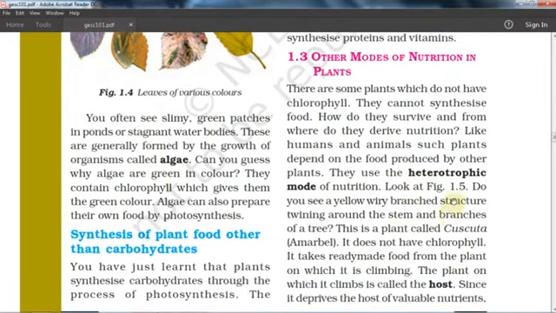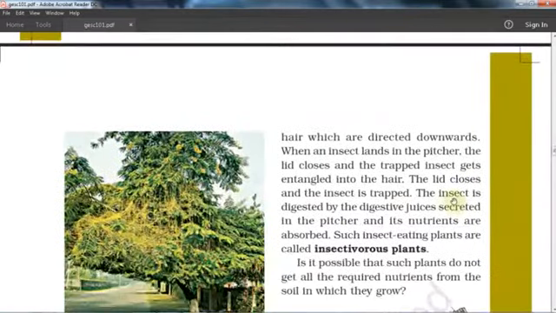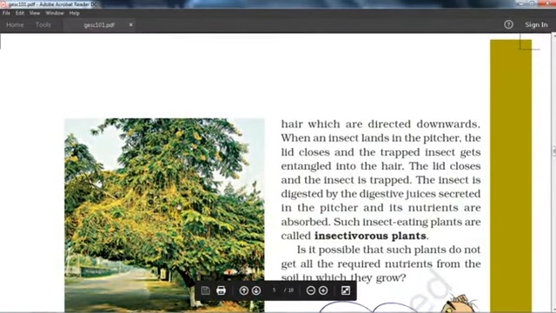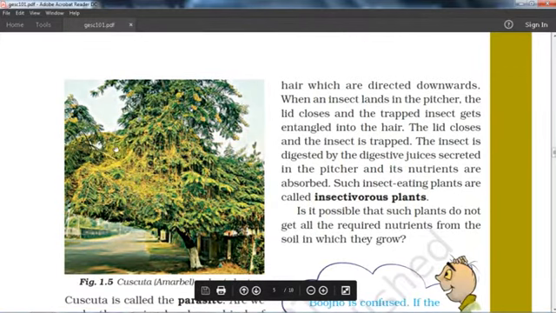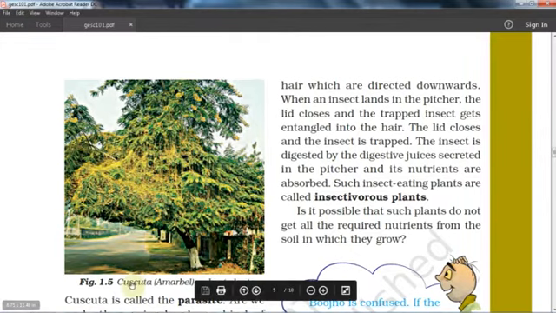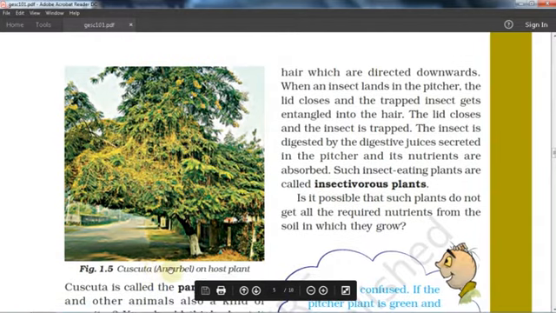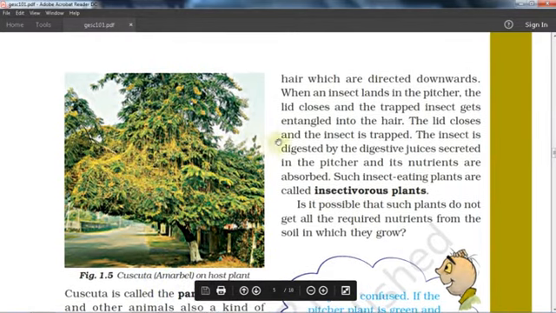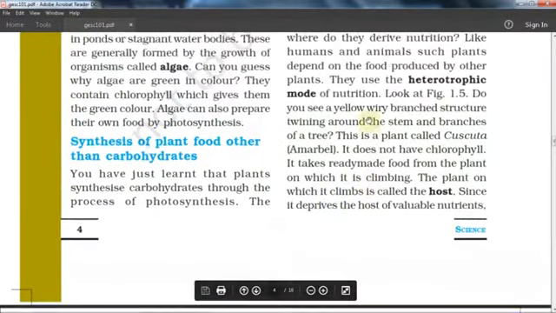In this picture you can see this yellow colored thing on the plant. This is cuscuta, or amar bel, which lives on the host plant. This mode is called the parasitic mode of nutrition.